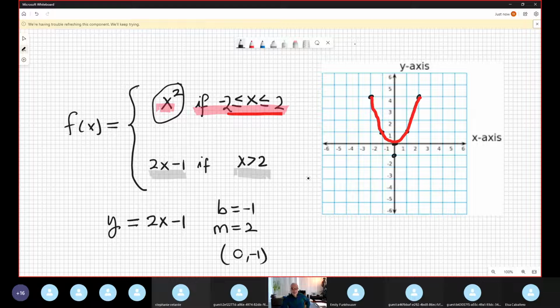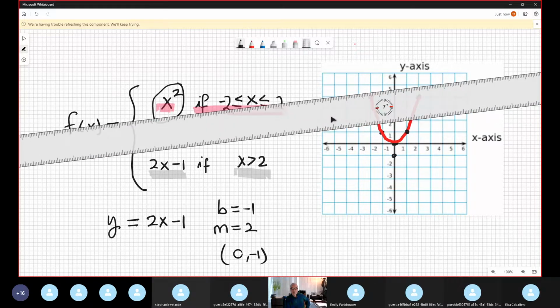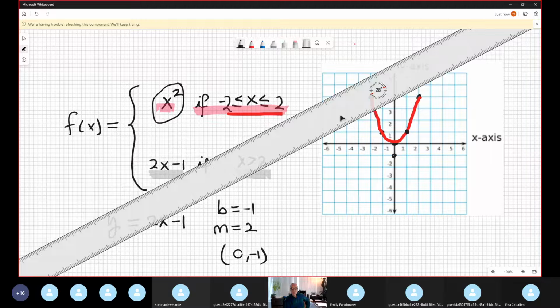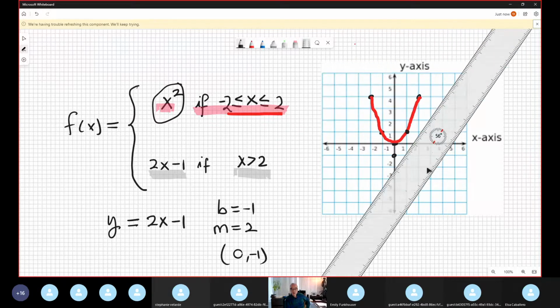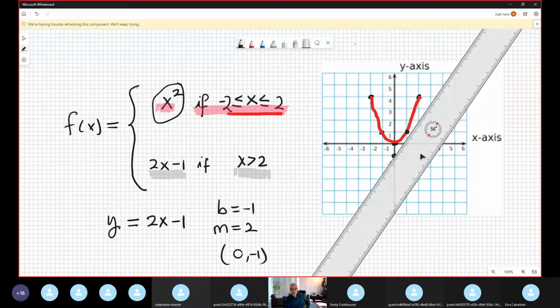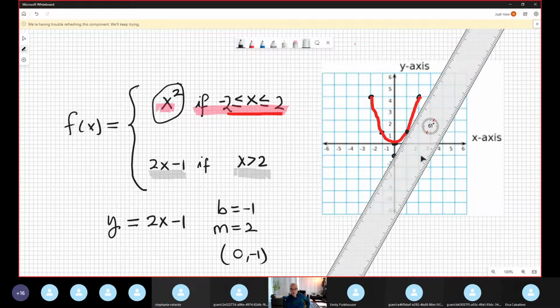And using slope 2, which is 2 over 1, 2 up and 1 to the right, I get the second point, and 2 points is enough to do the graph of the line.